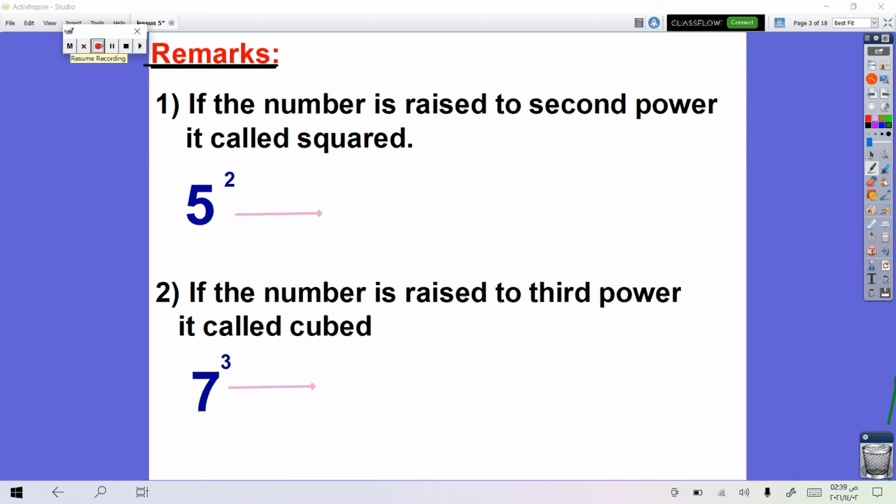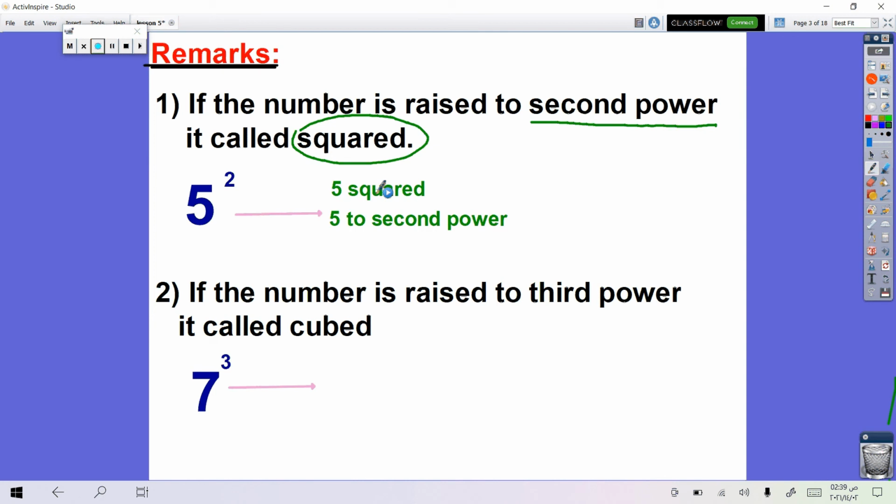Now we have remarks. Remark number 1, if the number is raised to the second power, it is called squared. So if we have 5 in base and 2 in power, we can read it as 5 squared or 5 to the second power or 5 power 2.